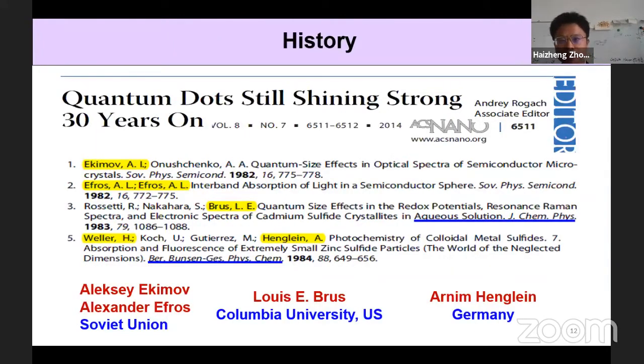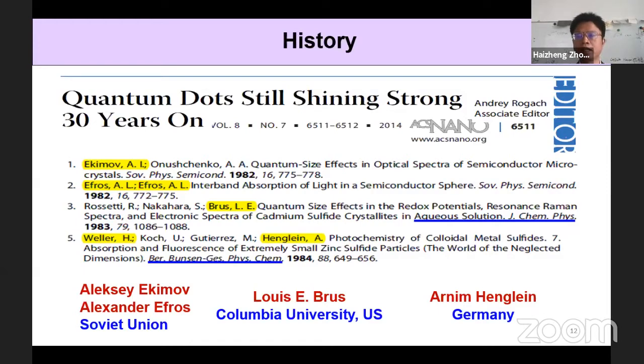If you want to learn the history, I would like to recommend a short paper by Professor Alexander Efros, titled Quantum dots still shining strong 30 years on. In this paper, he described how quantum dots were discovered. At that time in the Soviet Union, Alexey Ekimov and colleagues investigated the quantum dots in glasses.